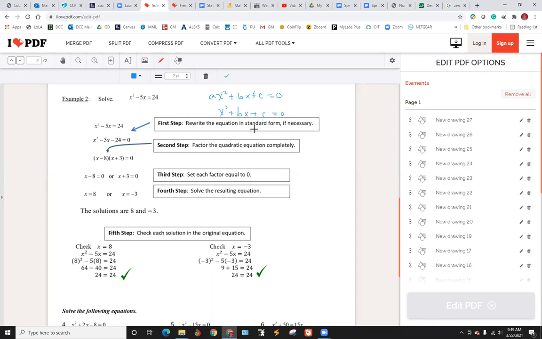Okay, descending order. So it really needs to be like that. All three terms on the left-hand side and set equal to 0. So you'll notice that this one here is not equal to 0. It's x squared minus 5x is equal to 24.